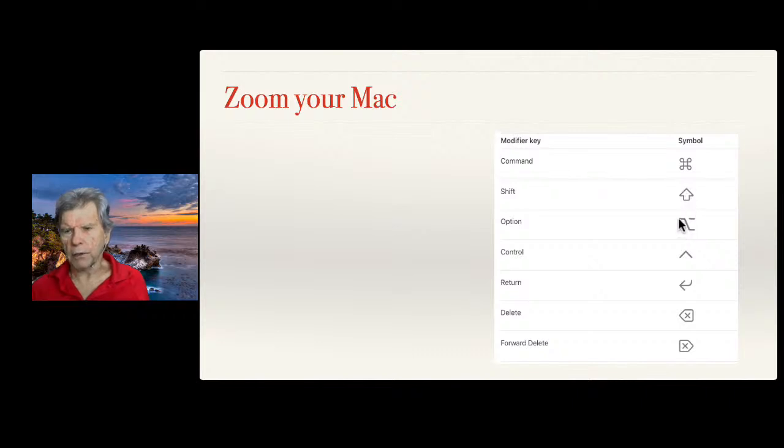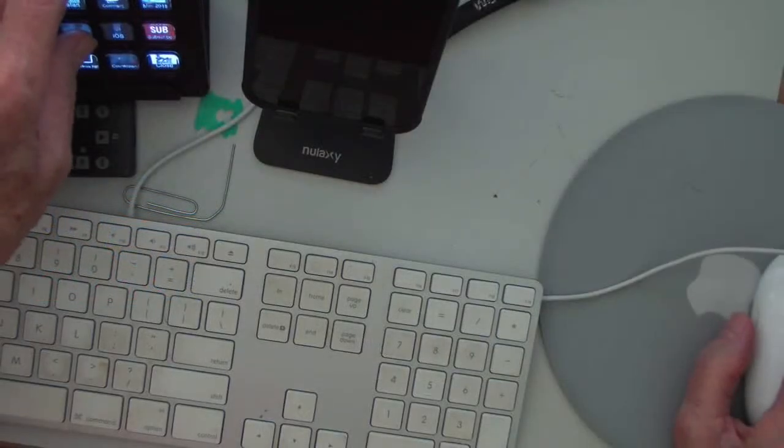The option is this line that goes across, down at a diagonal, across, and then has another little line up here. Control is the up arrow. Return is a curved line into a left arrow. Delete is a box with a point and an X in it. And forward delete is the opposite.